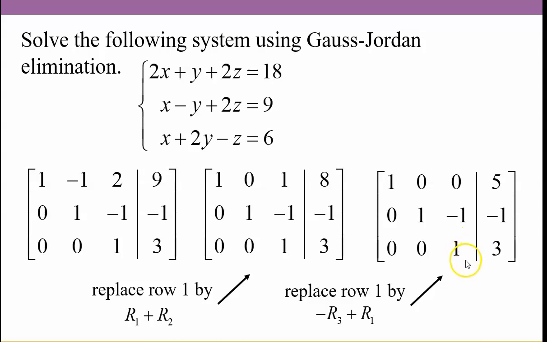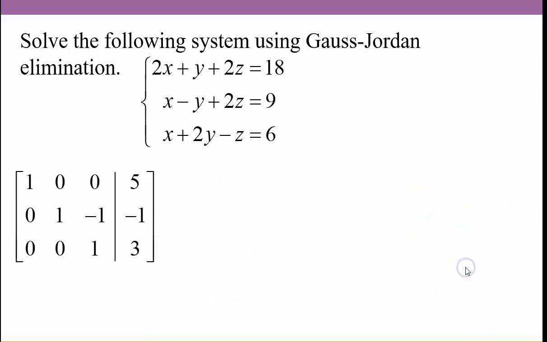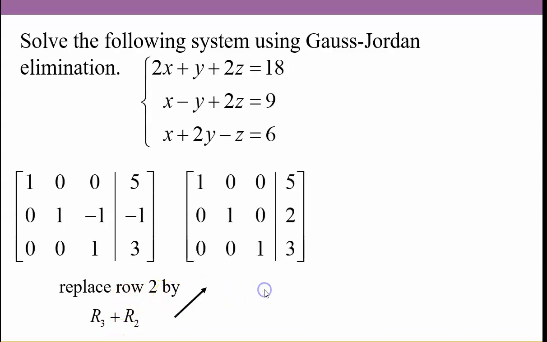And they're showing it there. Now we switch the rows around. Now we replace row 2 by row 3, and we end up with this.